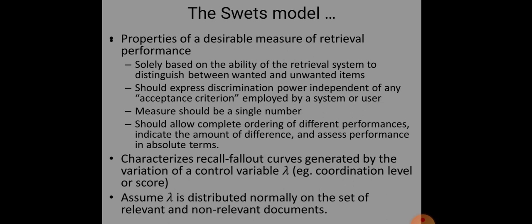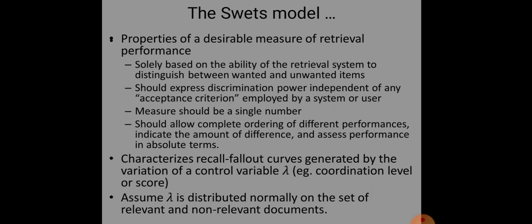The first property is that it should be solely based on the ability of the information retrieval system to distinguish between wanted and unwanted items, that means relevant and irrelevant items. This evaluation should be based on that power of distinction of a particular IR system.